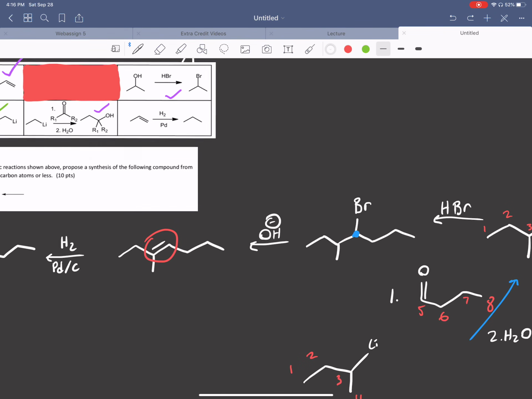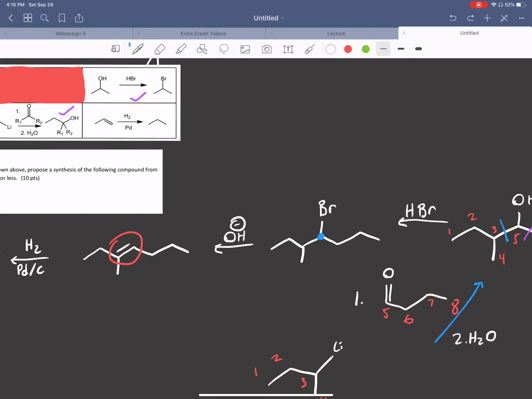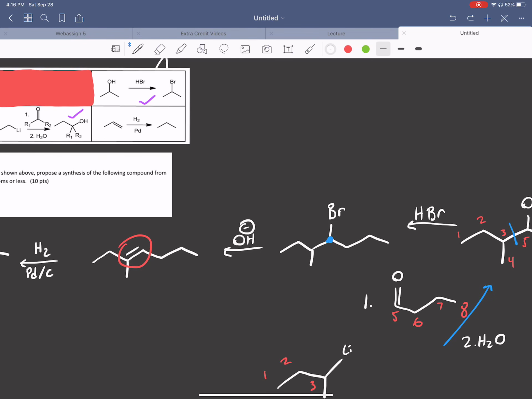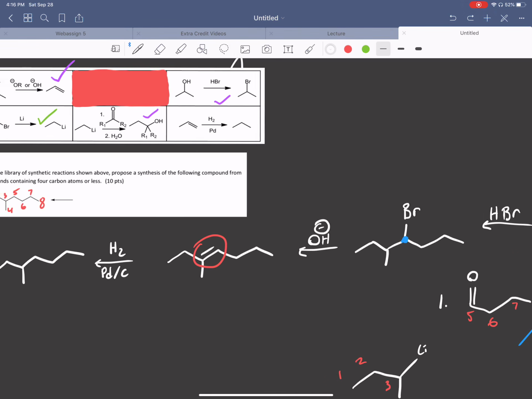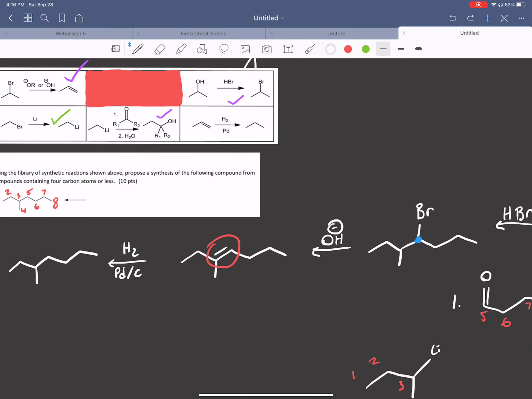Then we used OH minus to eliminate our Br and put a double bond between the carbon of the Br and the left carbon. Remember, when we do the OH minus, we form the most substituted double bond. In this case, the double bond that we formed is the most substituted. The one on the right-hand side is not, and that's not going to be the one that forms.